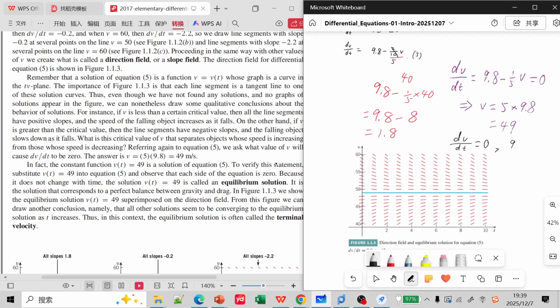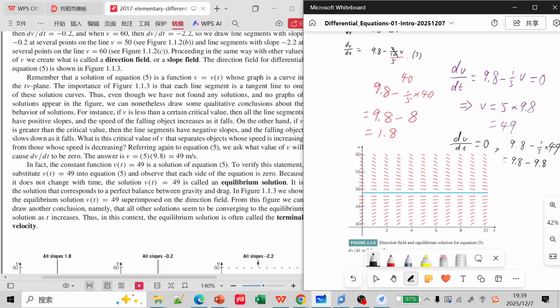It's 9.8 minus 1 over 5 times V. Now V is constantly equal to 49. So this is 9.8 minus 9.8, because 5 times 9.8 is equal to 49.